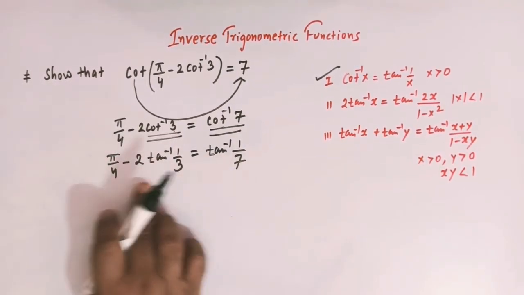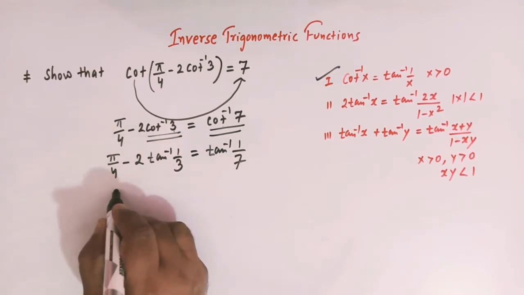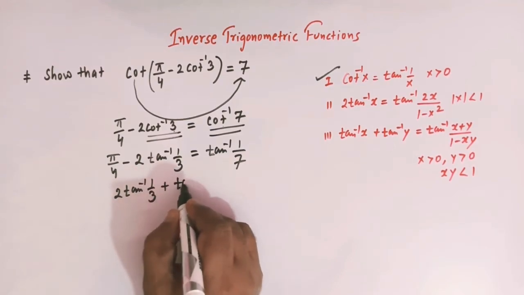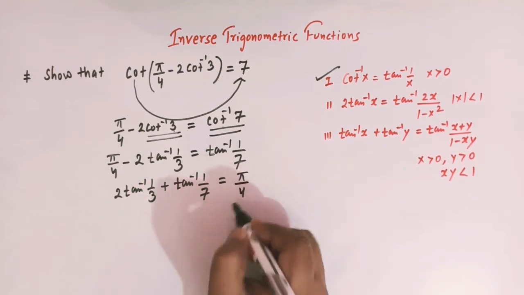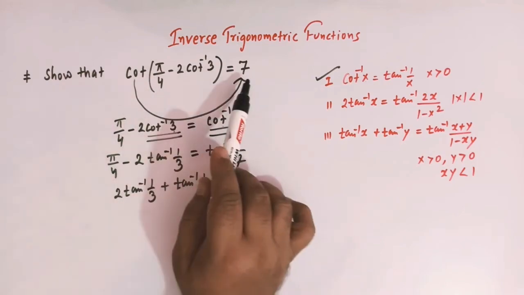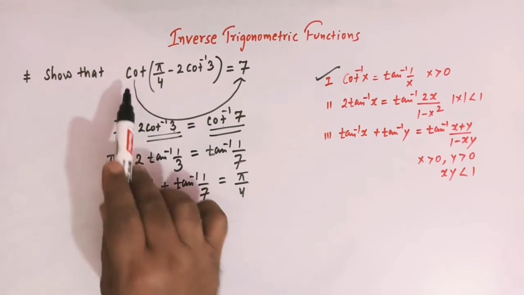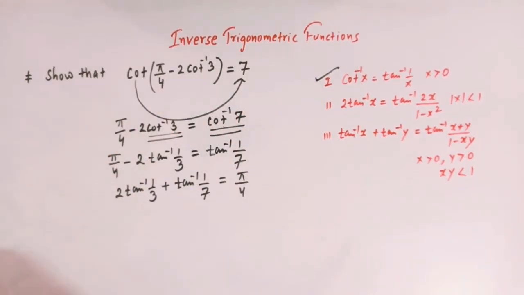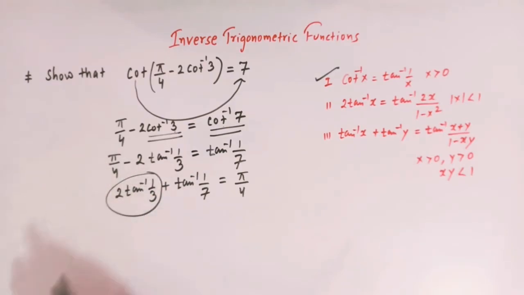Now let us rearrange this expression. We can write 2 tan⁻¹(1/3) + tan⁻¹(1/7) = pi/4. Initially we were given this statement, and by applying this result we have reduced the expression to this form. Now let us see this term: here we have 2 tan⁻¹(1/3).